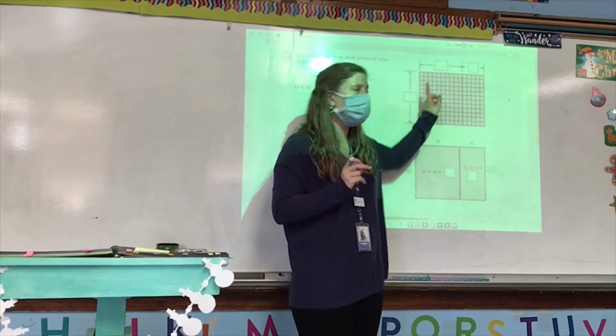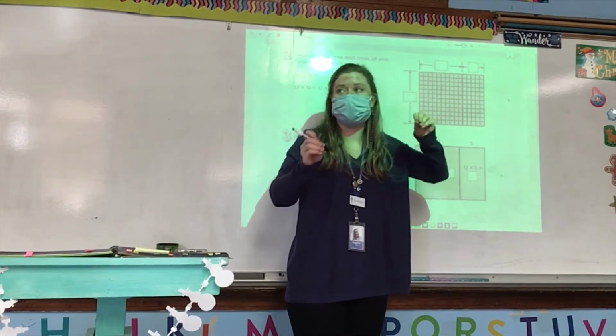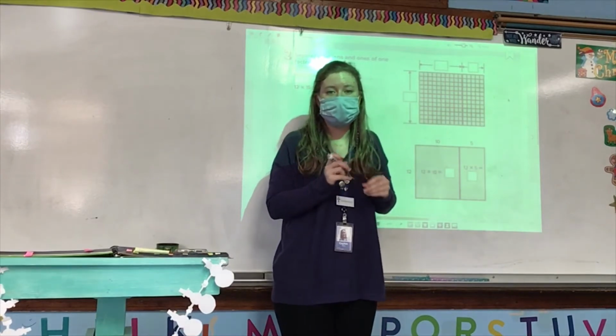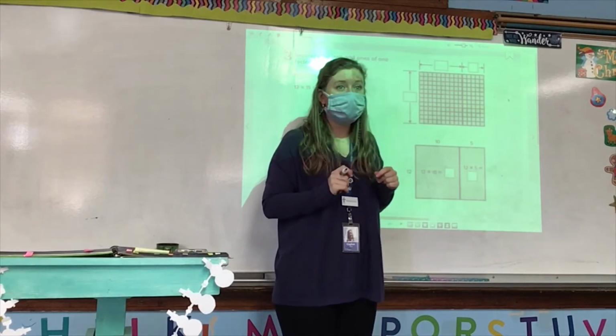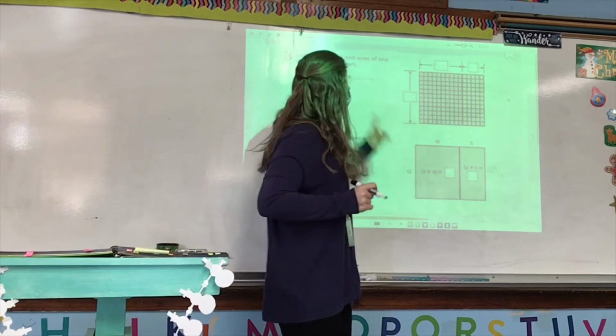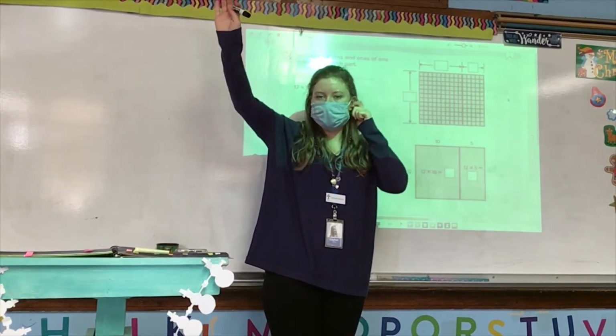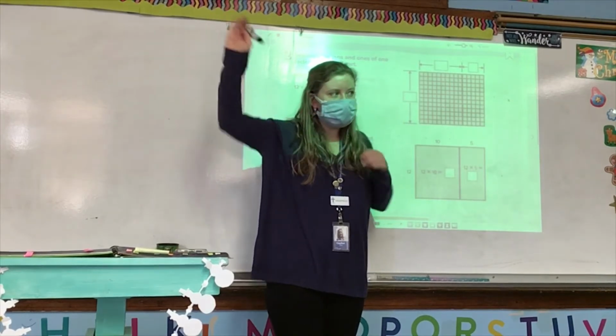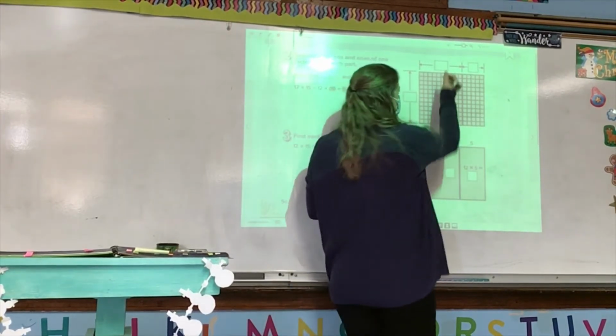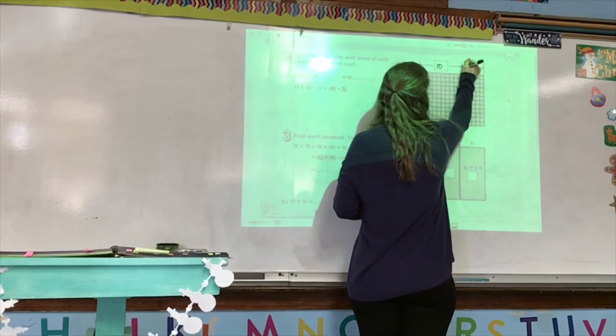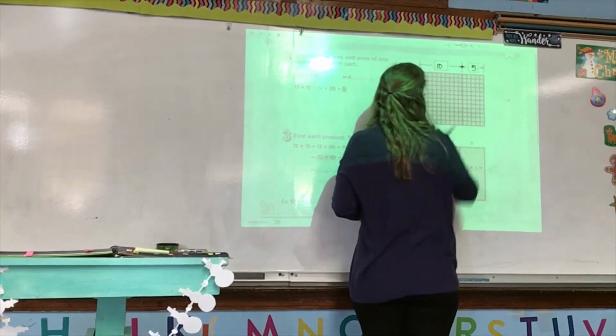So we're going to separate the tens and the ones, which means we're going to write 15 in what form? Michaela? Expanded form. So 15 in expanded form is what? Zadie? 10 plus 5.